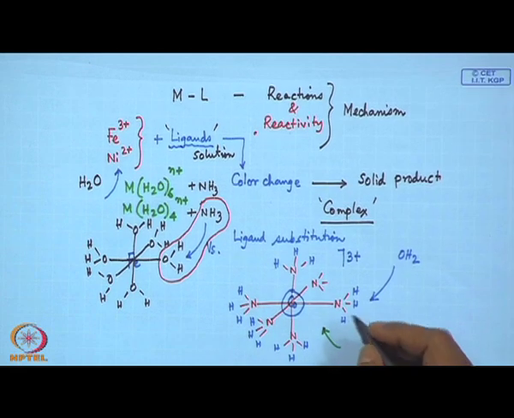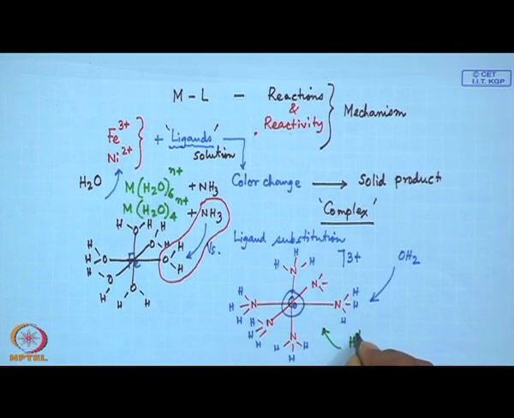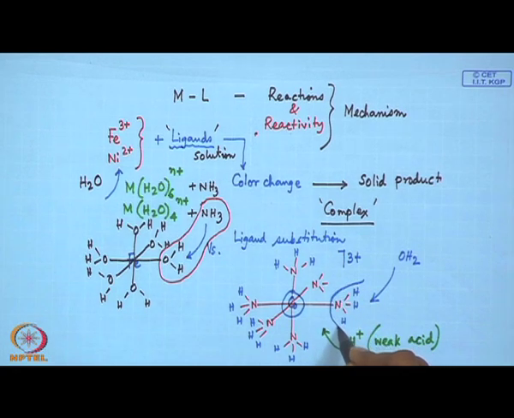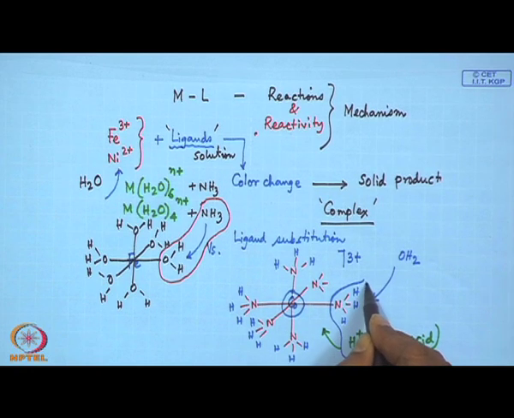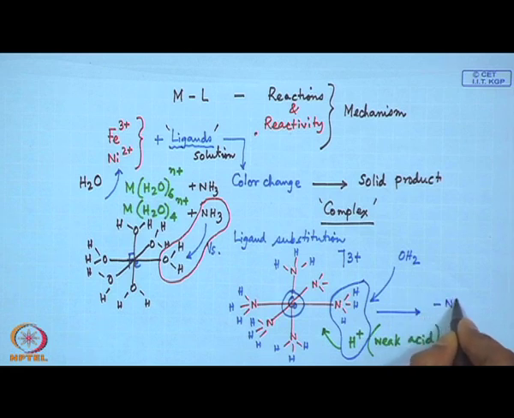For that, we can check the corresponding reactivity pattern with some proton donor, that means some acid or some weak acid. If we have some weak acid in our hand, a very interesting reaction happens: this particular proton will come and take out these NH3 plus H plus, and we will lose some ammonium ion.